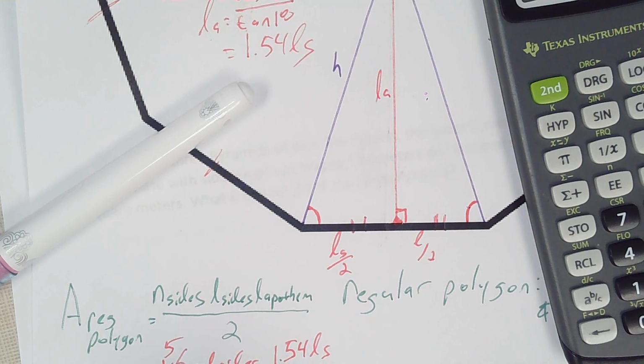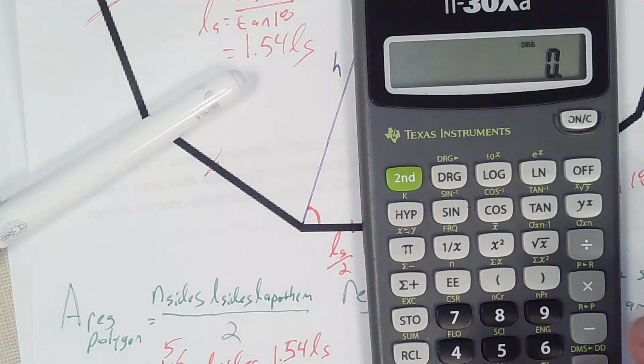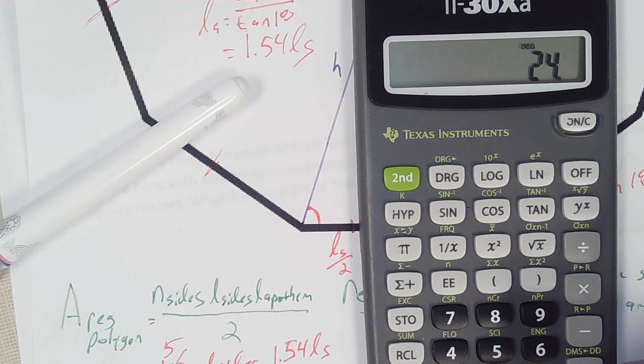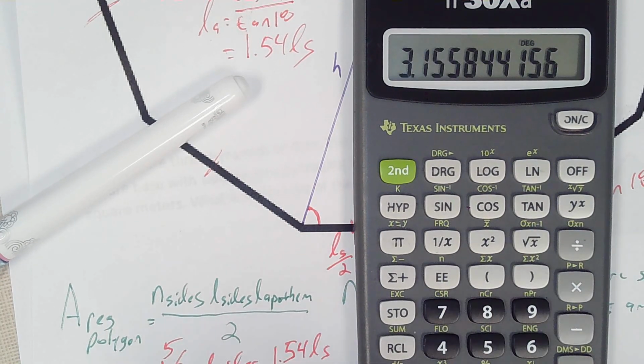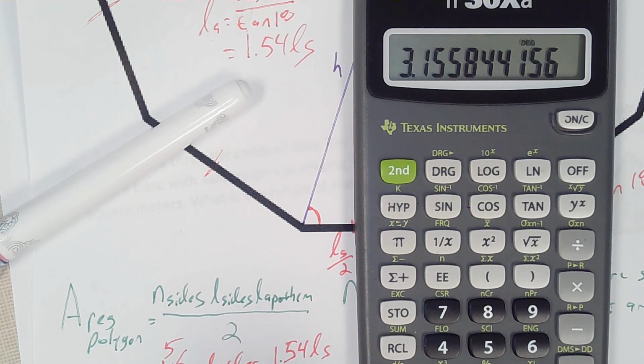Divide both sides by 7.7: 24.3 divided by 7.7 equals 3.16, which equals the length of the side squared.